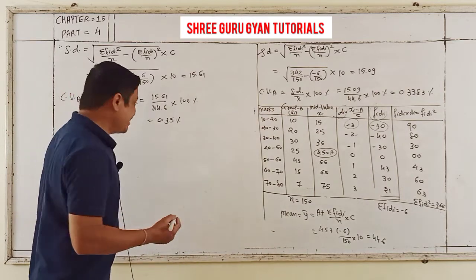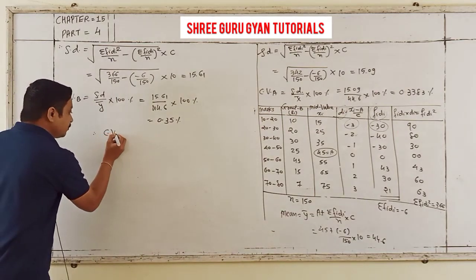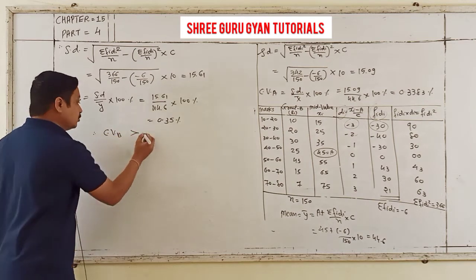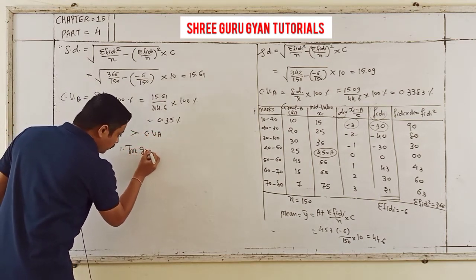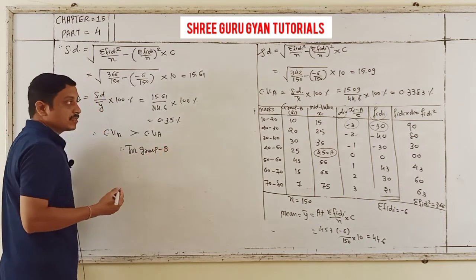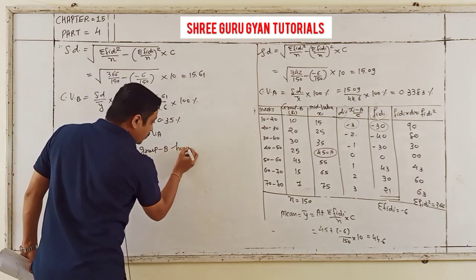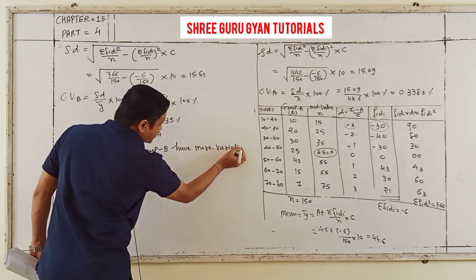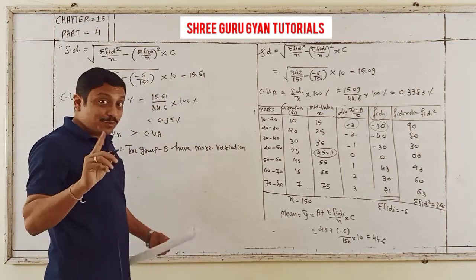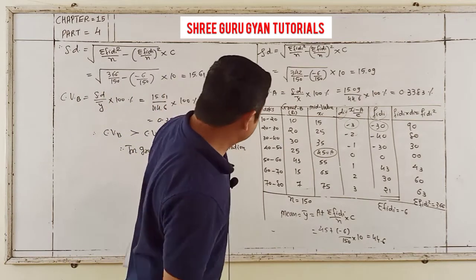So in B, therefore CV of B is more than CV of A. Therefore group B has more variation. Yes, it is not stable. It means group A is more stable. Yes, same as going ahead.